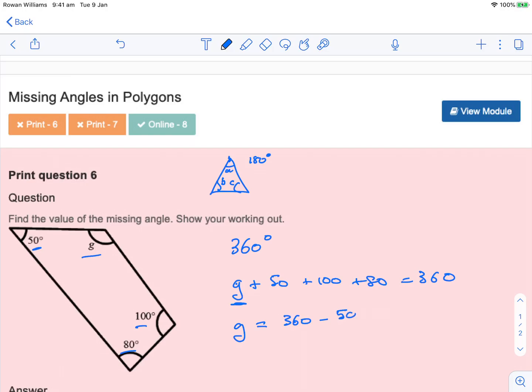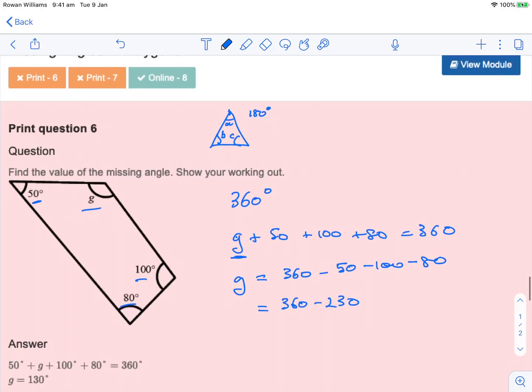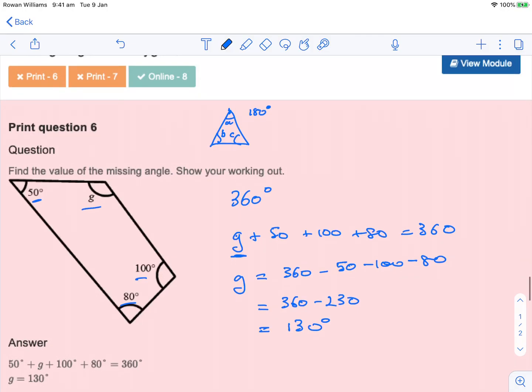So 50, take 100, take 80. And then I will add them up in my head, and I will get 180, 230, 360, take 230, and that will equal 130 degrees. And that matches up with the answer that I see down here. So you can see they've written exactly the same kind of thing, but that's where this 360 comes from.